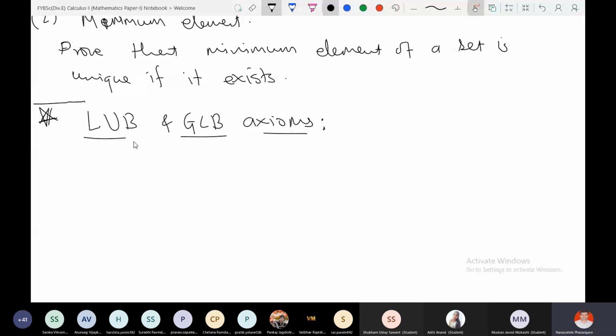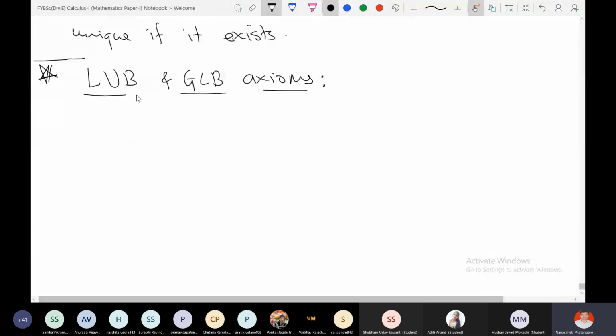So before going to this, we'll make some definitions. So what is LUB and what is GLB? Like you studied in school, GCD and LCM. GCD means greatest common divisor, LCM means least common multiple. Like so, what is LUB and what is GLB?